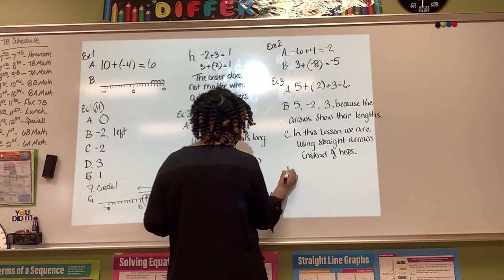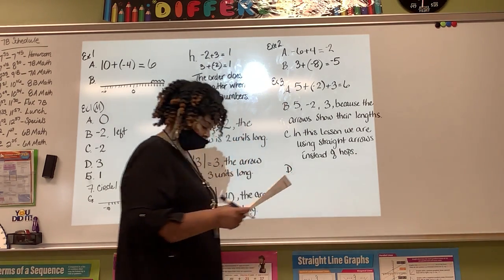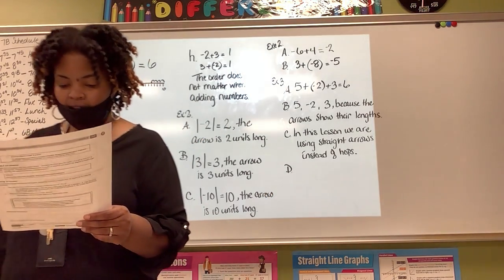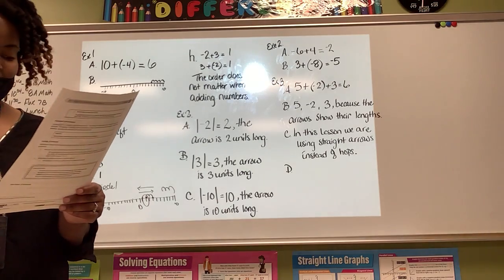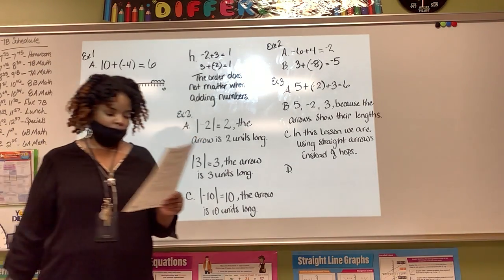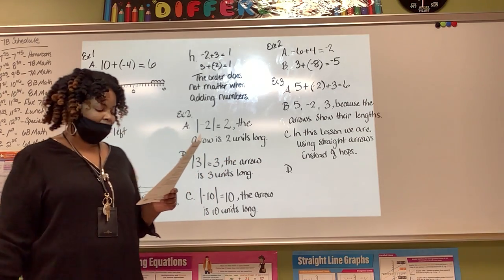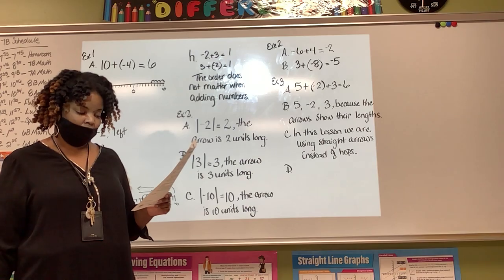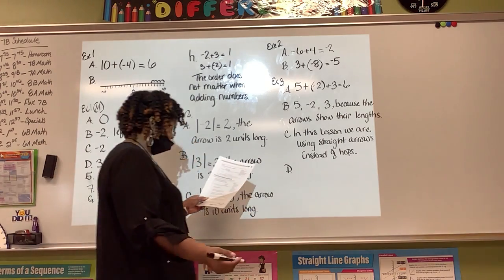All right, let's look at D. Can you make a connection between the sum of 6 and where the third arrow ends on the number line? So where is the final position of the third arrow? 6. So this means that the sum is 6.